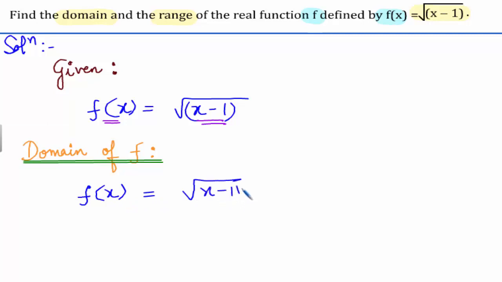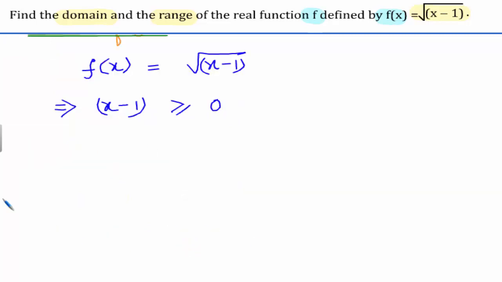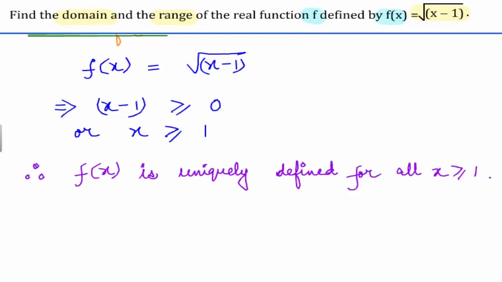This means that x minus 1 is always greater than or equal to 0, or x is greater than or equal to 1. Therefore, we can say that f of x is uniquely defined for all x greater than or equal to 1.